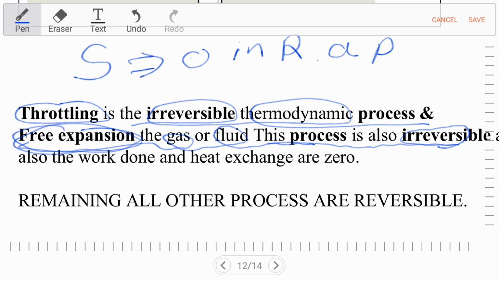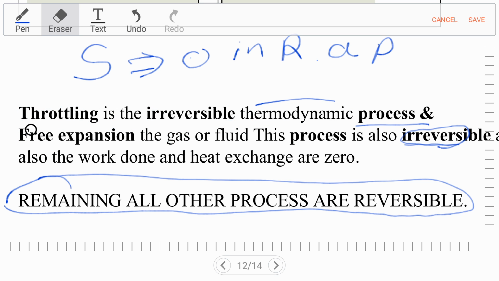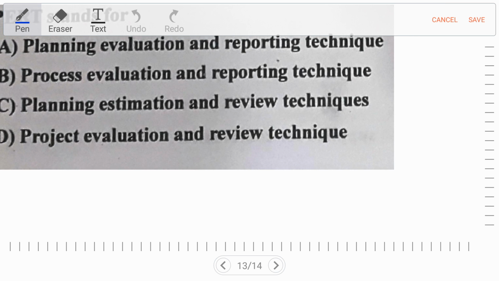Free expansion and throttling are both irreversible processes, and all other processes are reversible. Keep in mind, for the irreversible throttling and free expansion process, the work done and heat exchange are zero. I repeat, work done and heat exchange are zero. Now let's go to the new question.